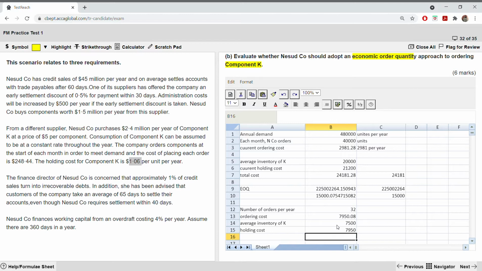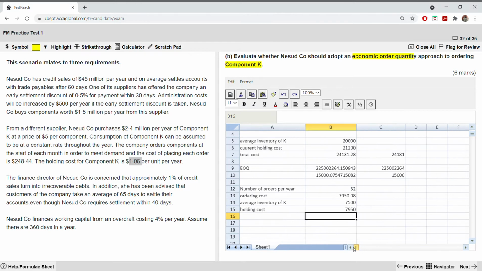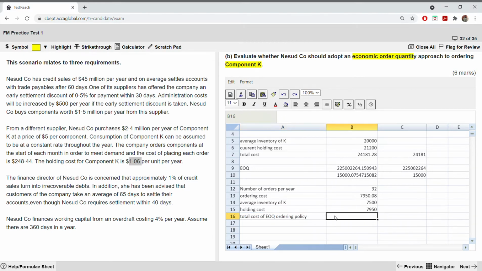Now, what is the total cost of the EOQ ordering policy? It is simply the ordering cost plus the holding cost, or you can press the sum function. Just this and then enter.